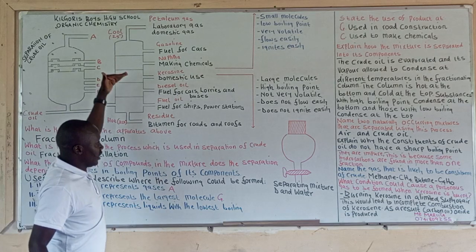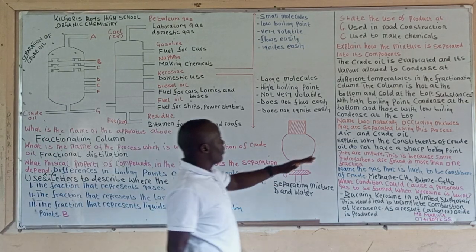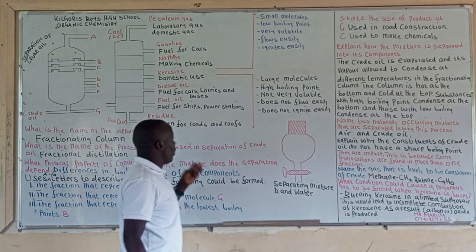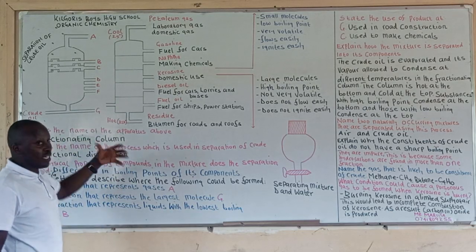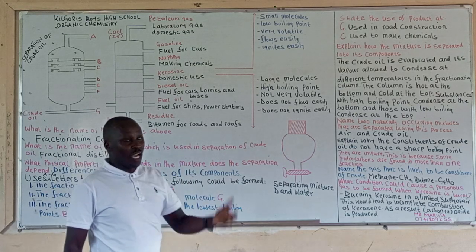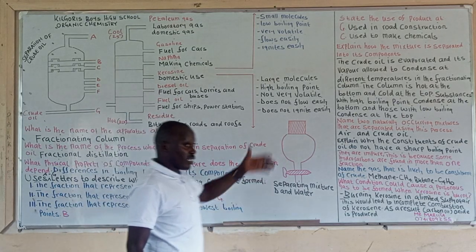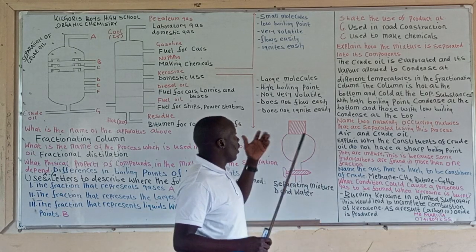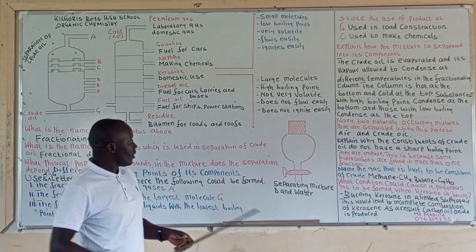So what happens here? Substances with a high boiling point are normally collected at the bottom, and the fractions which have the lowest boiling point are collected at the top. They condense at the top, and therefore they are collected. And that is simply how the mixture of crude oil is separated.